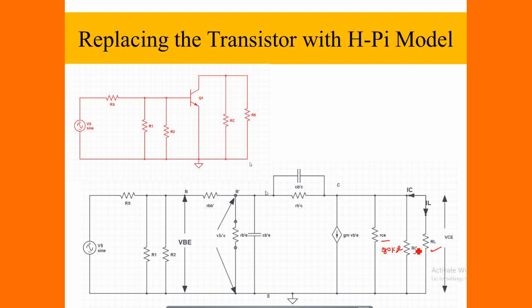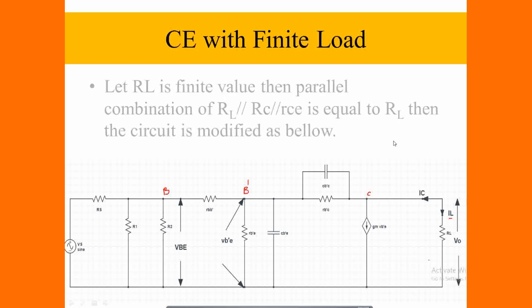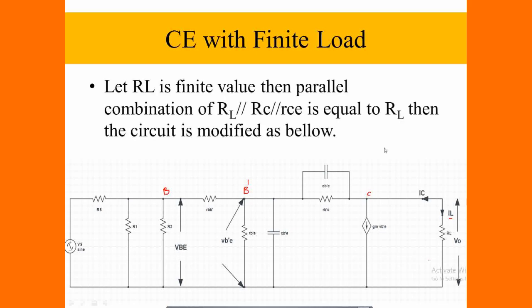Then the parallel combination of RCE with RC and RL is approximately equal to RL only. Then at the output circuitry, the corresponding RL is the finite value, that is, the parallel combination of RC, RCE and RL is equal to RL, and the circuit is modified like this.